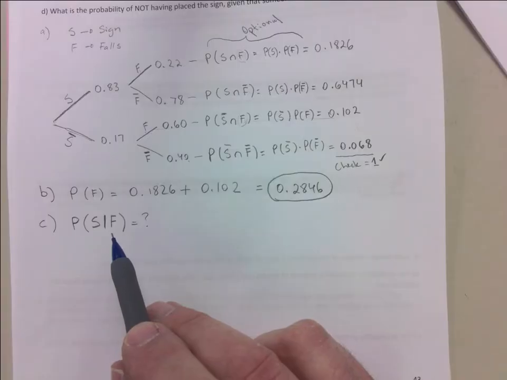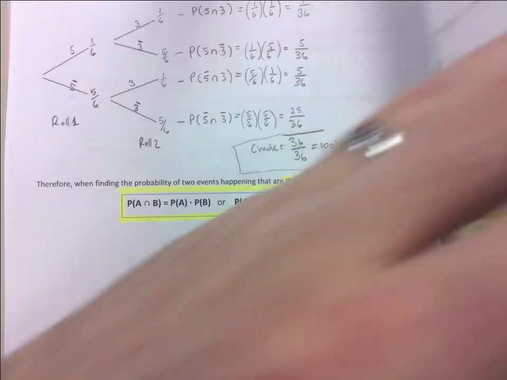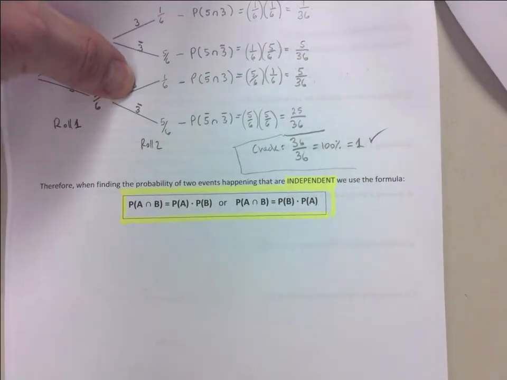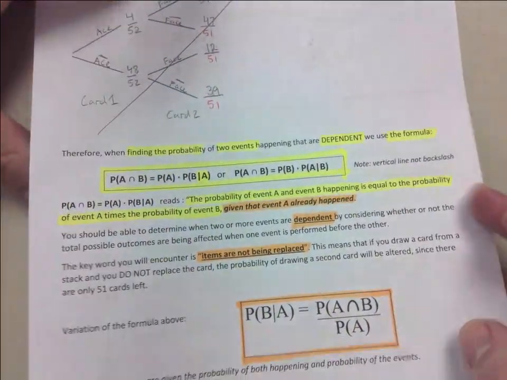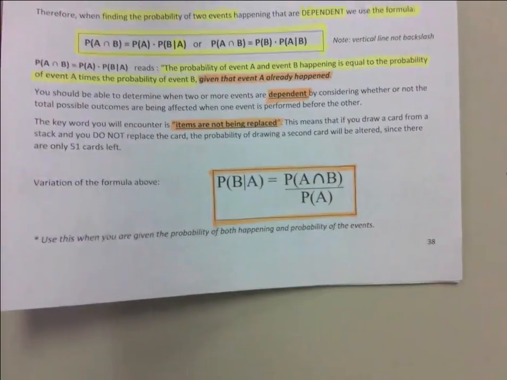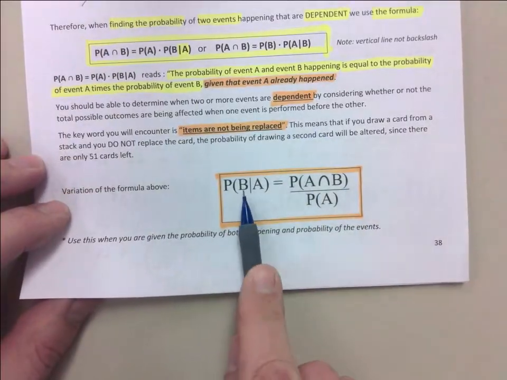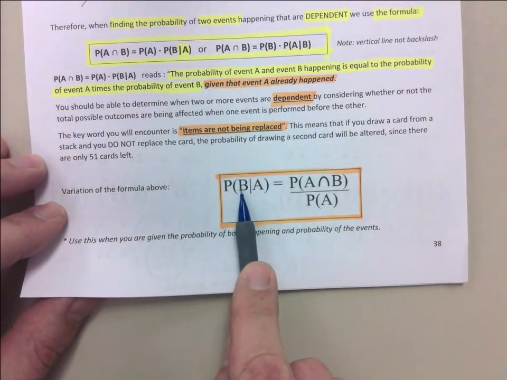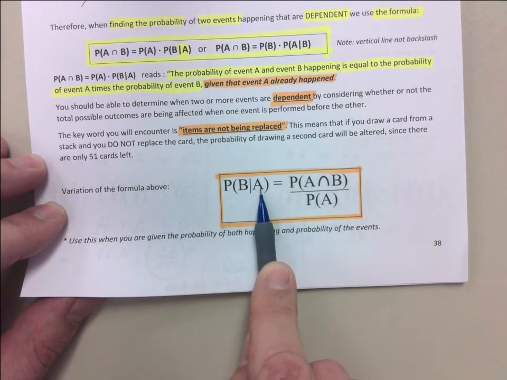So how do we do that? I'm going to take you back a little bit, back in time to page 38. Keep your finger on this page. At the bottom of this page, I highlighted it in orange. If you have a scenario where you figure out the probability of B given that A already happened, okay?